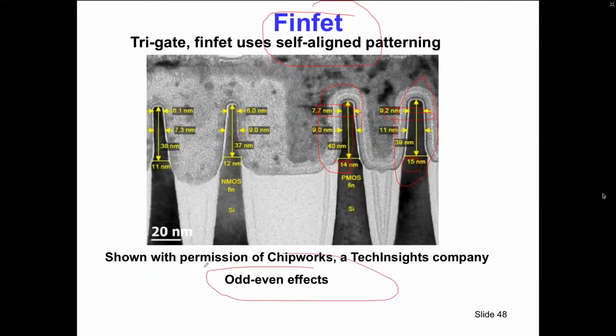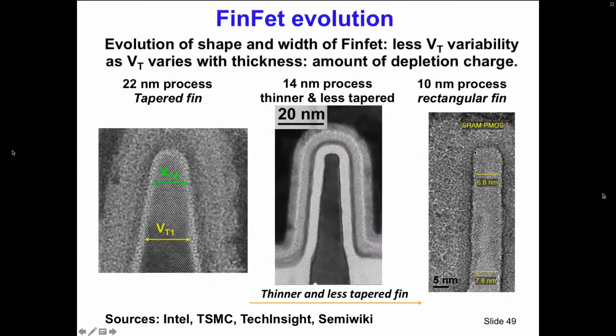So the odd-even effects are rather strong, specifically in FinFETs. And that means that in FinFETs, you always have to design taking care of making sure that you have an equal number of odds and evens in your sensitive stages. We are at this moment looking at the third generation FinFET.